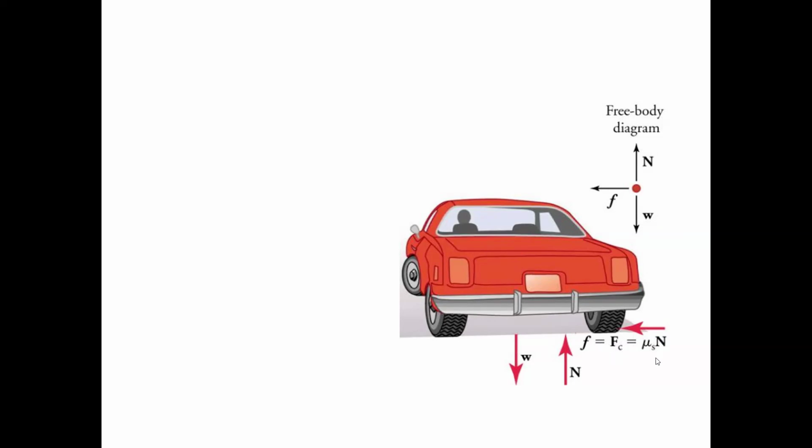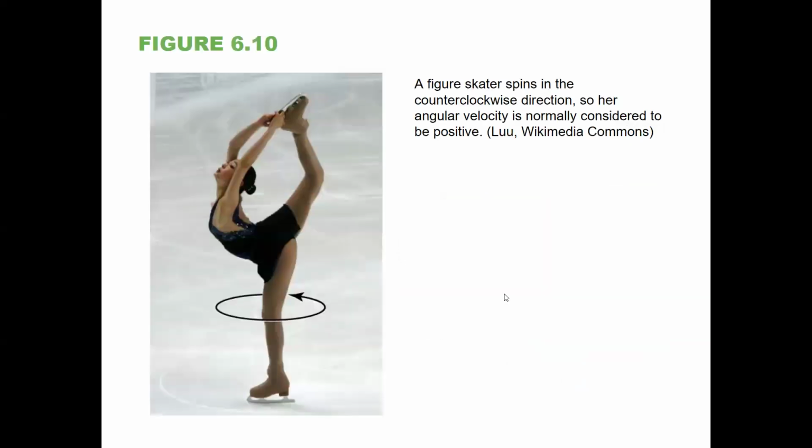The centripetal force here is equal to the coefficient of friction, which depends on the material from which the tire is made, multiplied by the normal force, that is holding the car up against the weight force pushing the car downward. So that's an example of spinning.